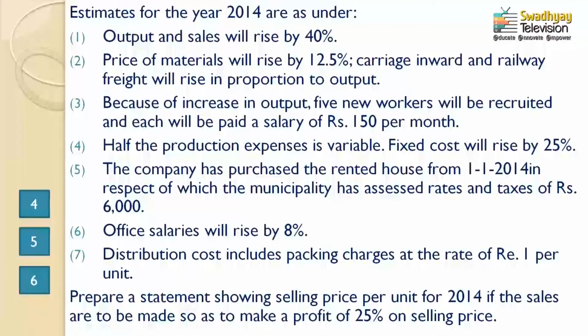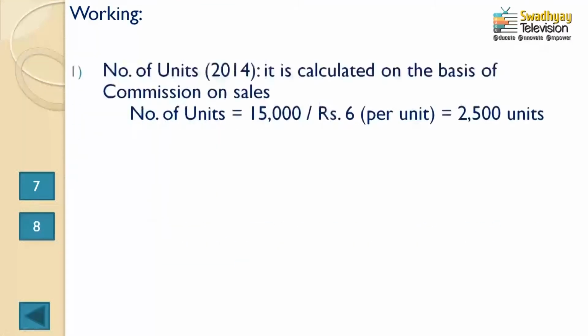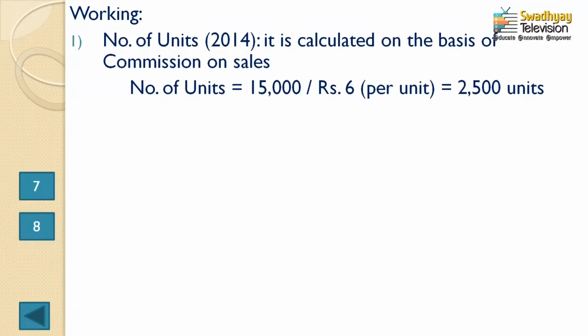These are the estimates we have for the year 2014, as under. The first is that output and sales will rise by 40%. So it means output and sales will be affected by 40%. So the first thing is the number of units in 2014. This would be calculated on the basis of the commission on sales.